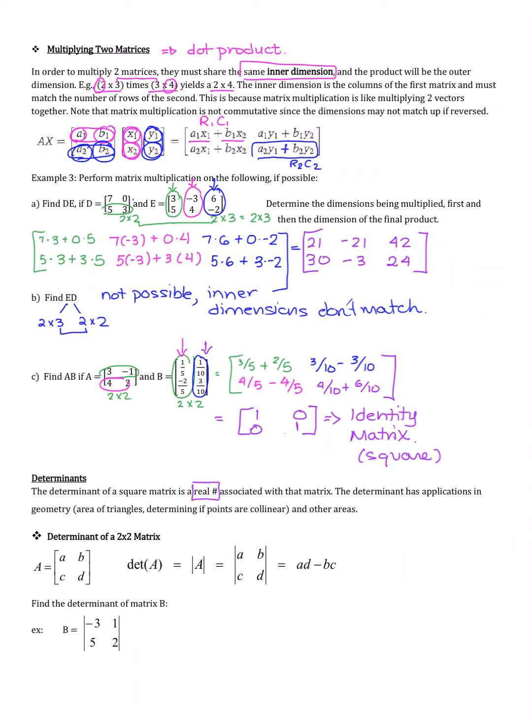You can solve equations using something called Cramer's rule. There's all kinds of things you can do with determinants. And we will be looking at one of the applications when we go into vectors. We're going to just focus on the rote process of finding the determinant of a matrix.